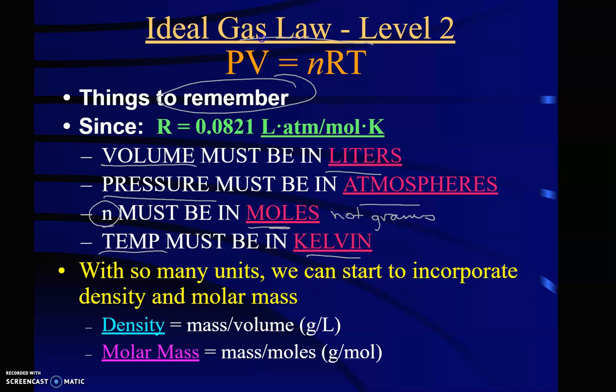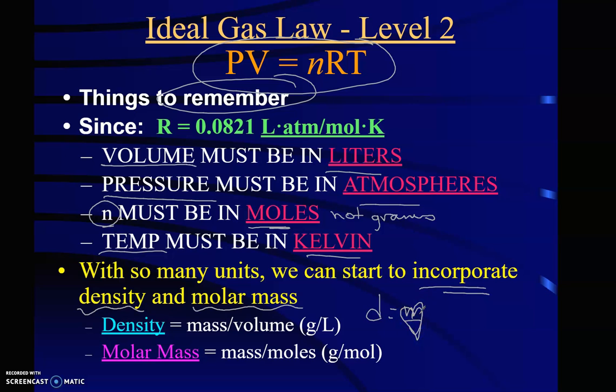So since there are so many different variables at play here, we can start to incorporate much more about our gases. We can incorporate things like density and determining identities through molar mass. So quick review from what we did all the way back in the first couple of chapters is density. Remember, we love it.